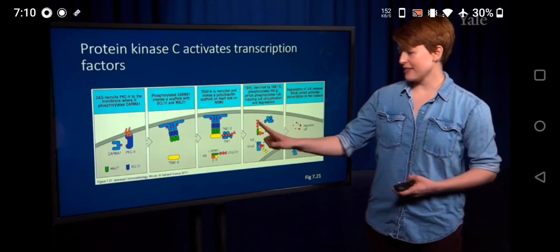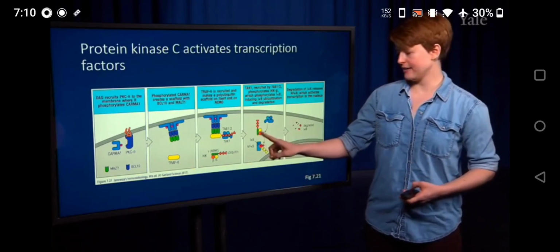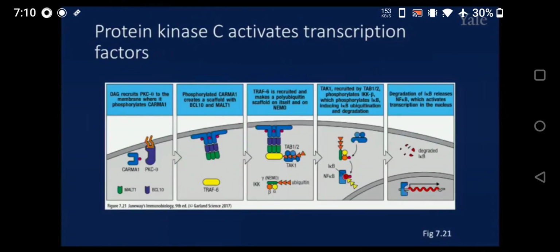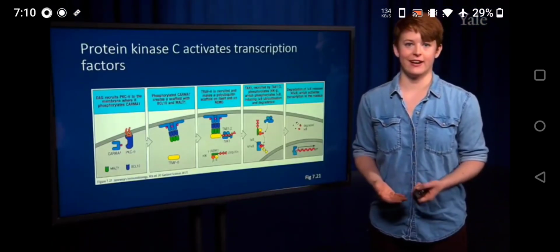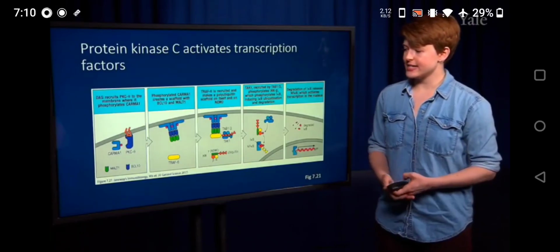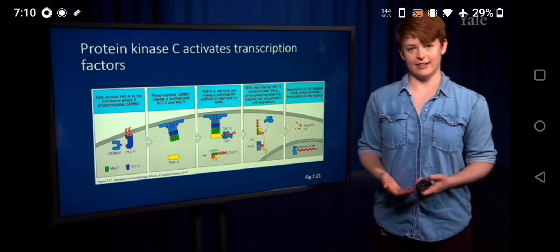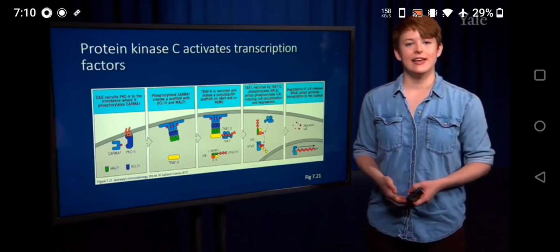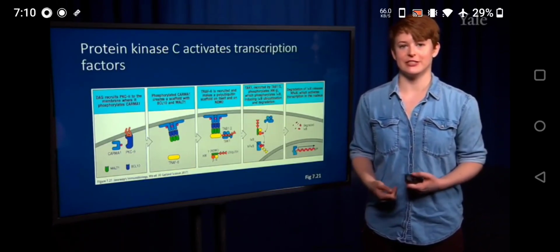You can see how the polyubiquitination here marks I-kappa B for degradation. That's how it releases NF-kappa B to enter the nucleus. This is just another variation of how these signaling mediators, the second messengers DAG and IP3, lead to transcriptional changes.